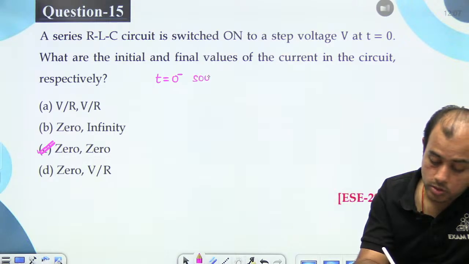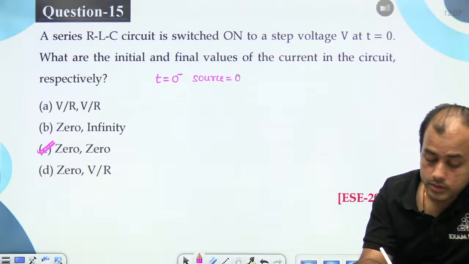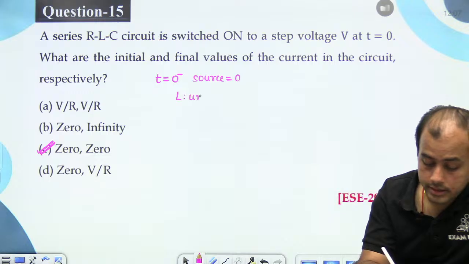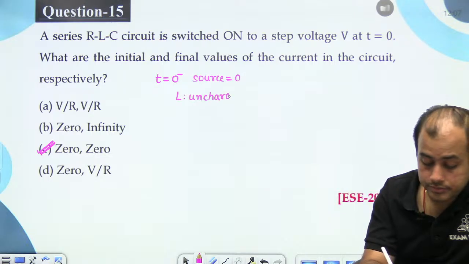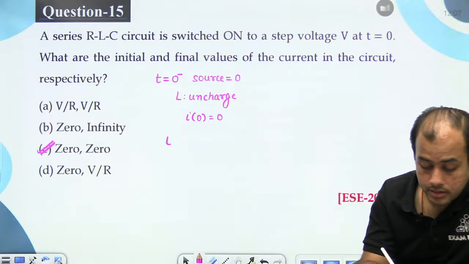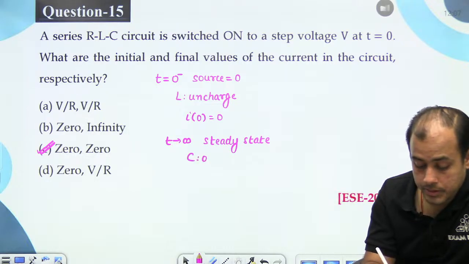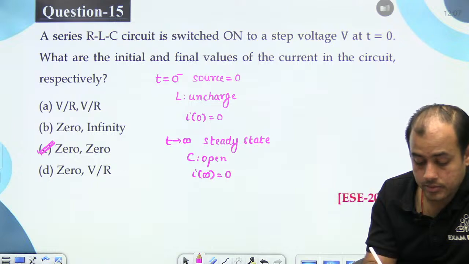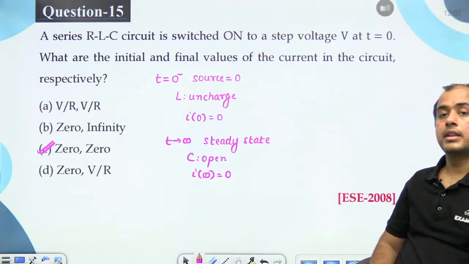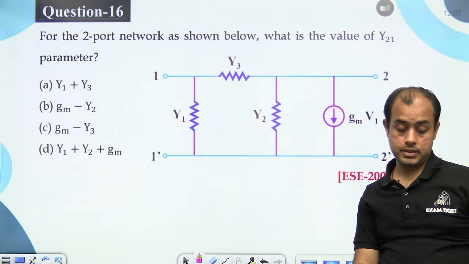At t equal to 0 minus, the source is 0, the inductor is uncharged, so I0 is 0. At t tending to infinity, steady state, the capacitor is open. Again, I infinity is 0. Okay?